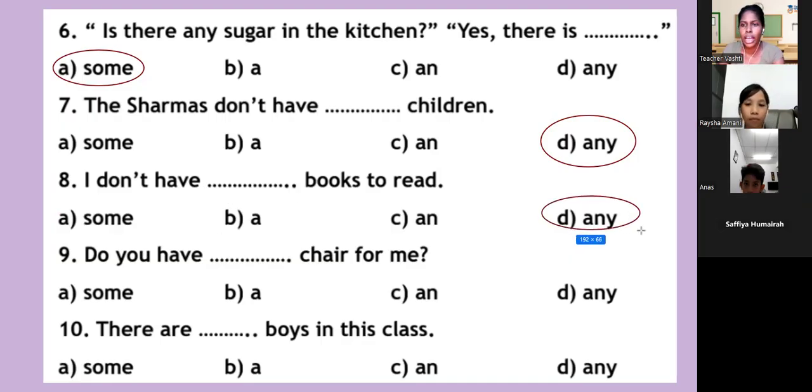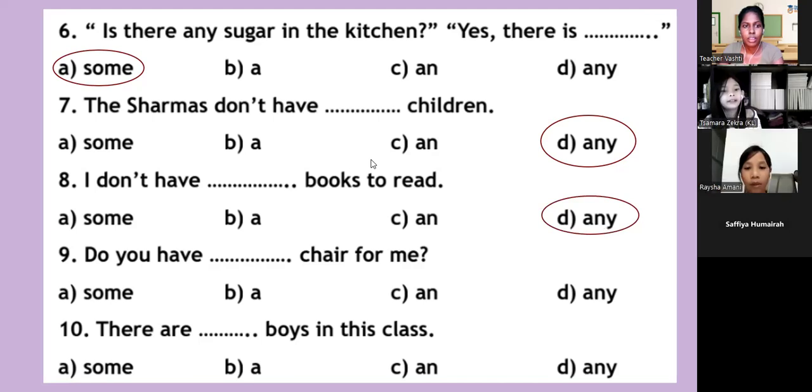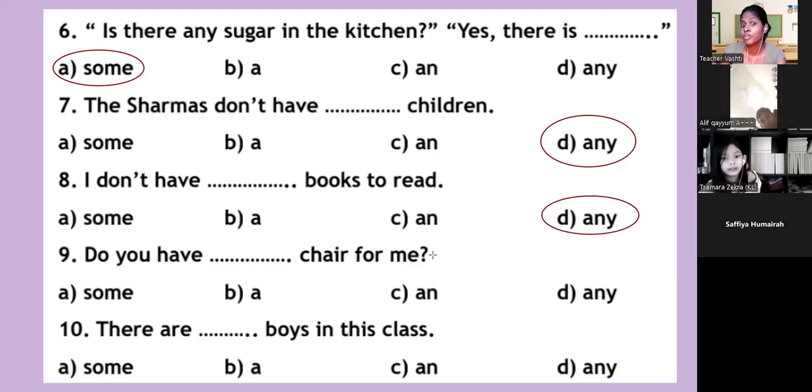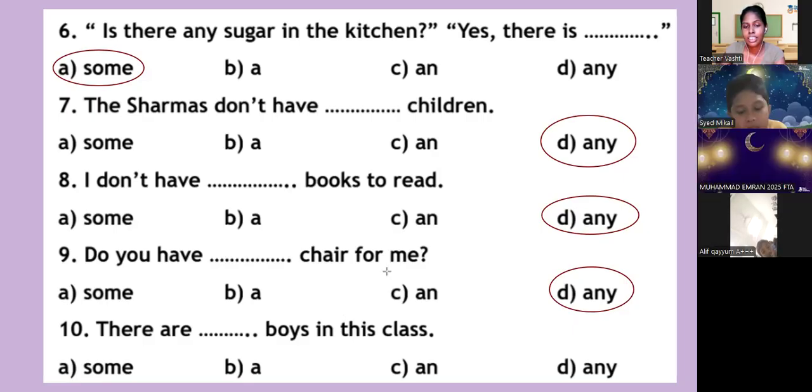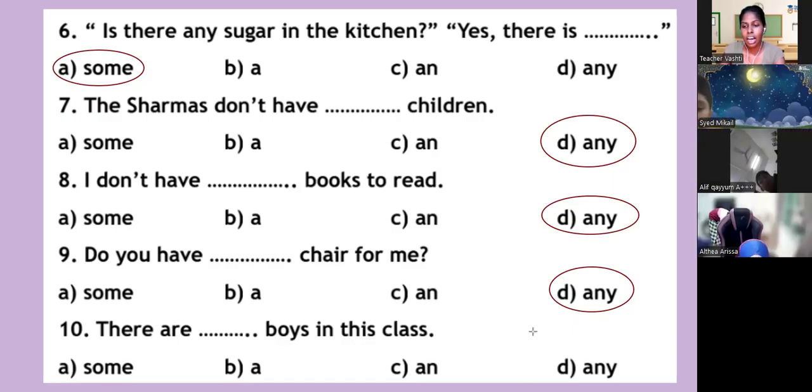Do you have chair for me? You can use, do you have any chair for me? There are some boys. Ada yang kata any.